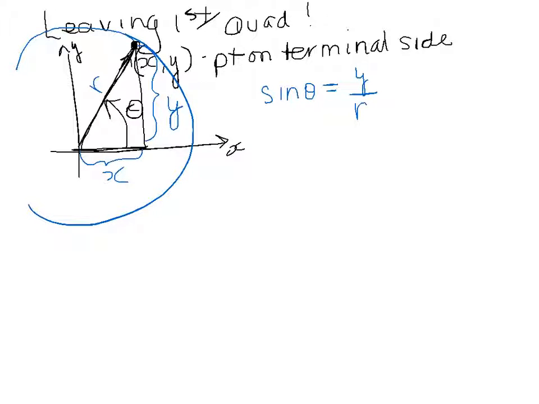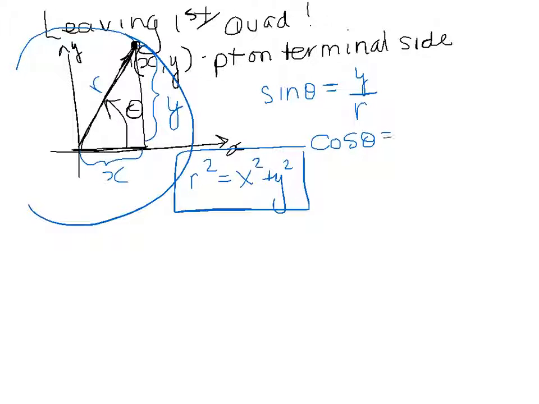And of course r is found by using the Pythagorean theorem. r squared is x squared plus y squared. So that will always be coming in handy for us. Looking at cosine theta, the adjacent x over the hypotenuse r, tan theta, the opposite y over the adjacent x.